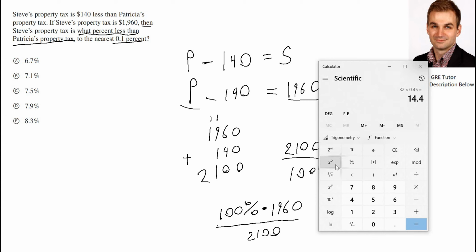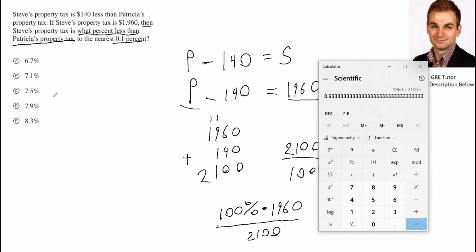So 1 times 1960 equals 1960 divided by 2100, and we get 93%.